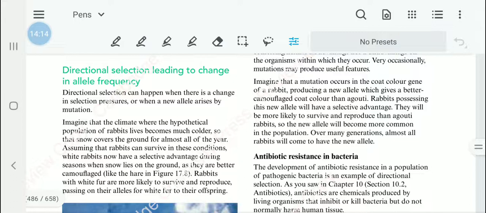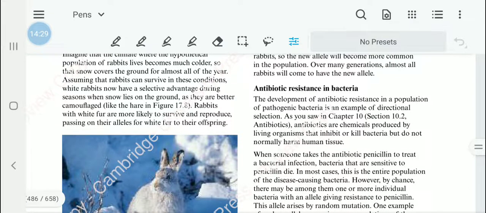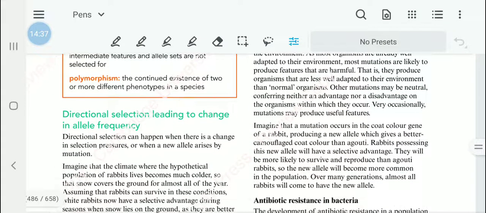If there is an animal that can have a different color set, like gray or something of that sort, and they develop this mutation, then they might reproduce better than the white and the brown, and will become the most prominent color, right? So that's what you need to understand about directional selection leading to change in allele frequency. Write down a note on this.